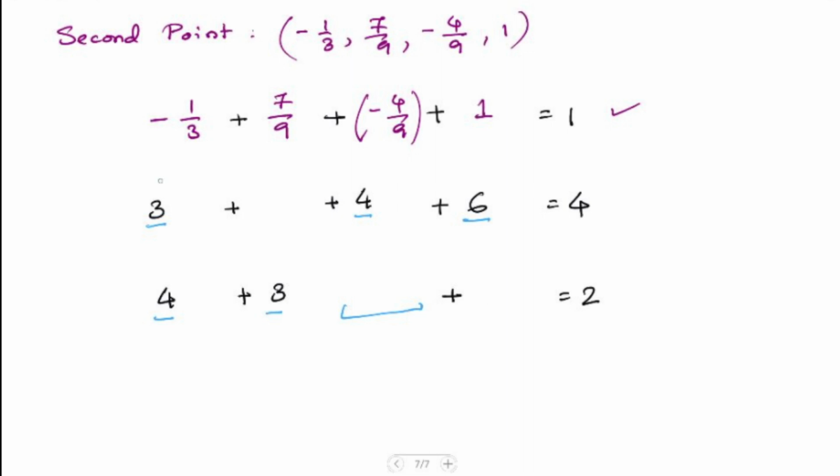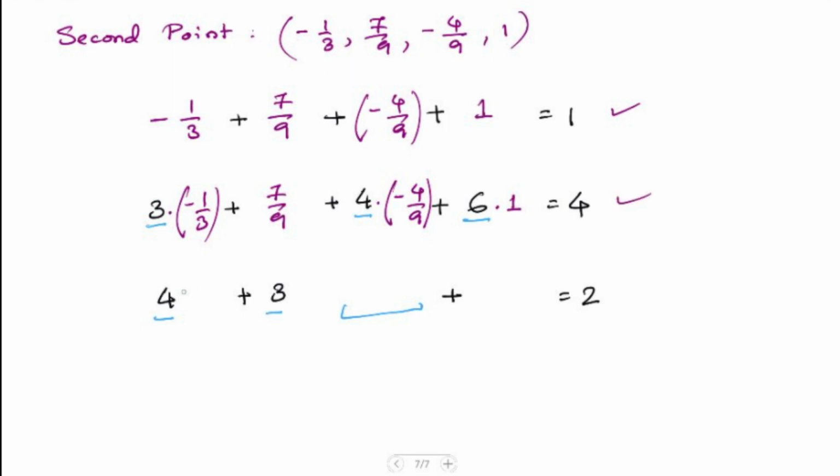Okay, so for x1 here, we have 3 times minus 1 over 3. And here we have 7 over 9, 4 times minus 4 over 9, and 6 times 1, and that is equal to 4.